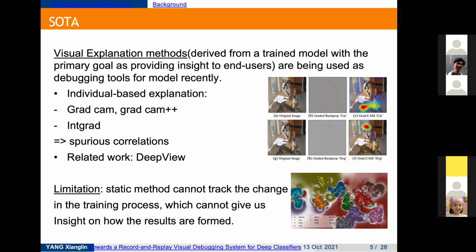The biggest limitation is that it's a static method. It can only show the visualization of one well-trained model. It cannot track the change in the training process, which cannot give us insight into how the results are formed.